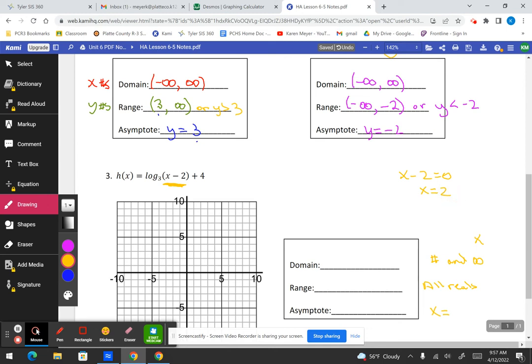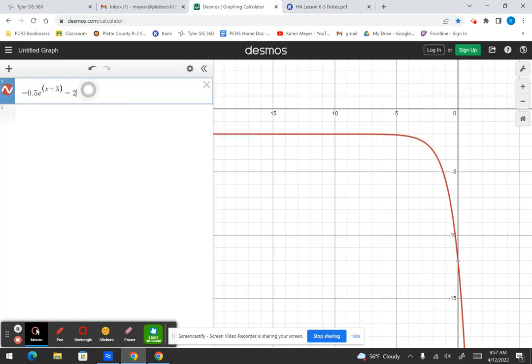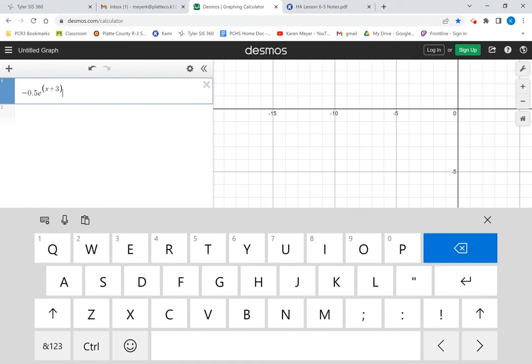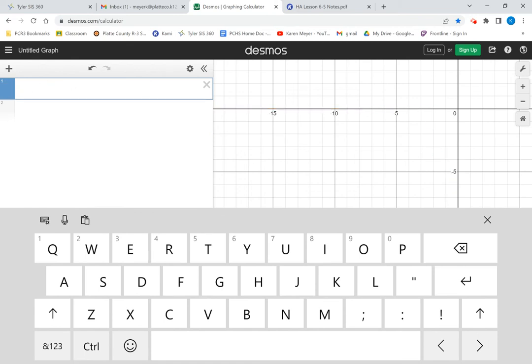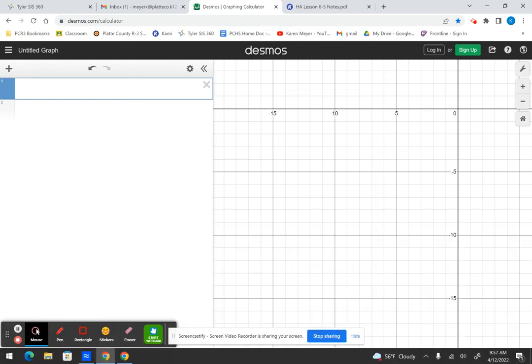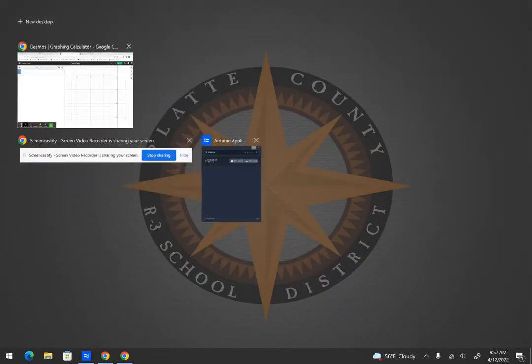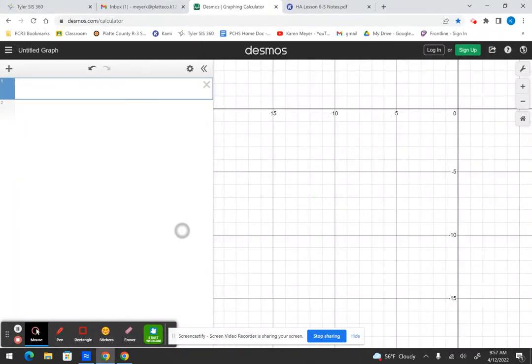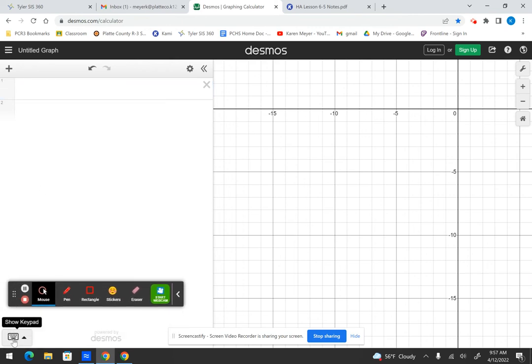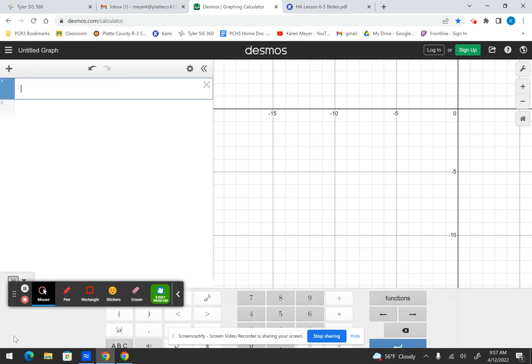Now, we can also verify this on Desmos, but I'm just trying to show things backwards. So now I'm going to go to Desmos, and I'm going to get rid of this, and I'm going to type in the new one. Okay, so now if I'm typing this in, whoops, did not want to do that. Okay, for Desmos, I have to use my keypad down here, boom.